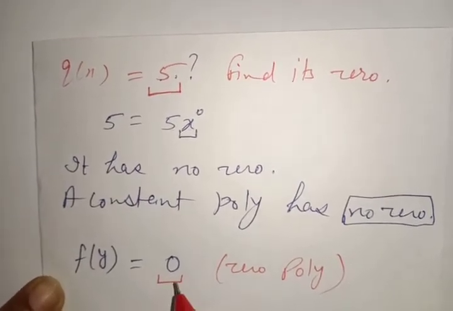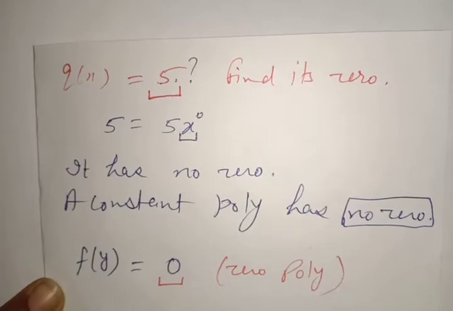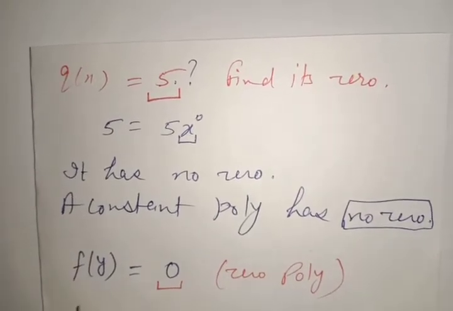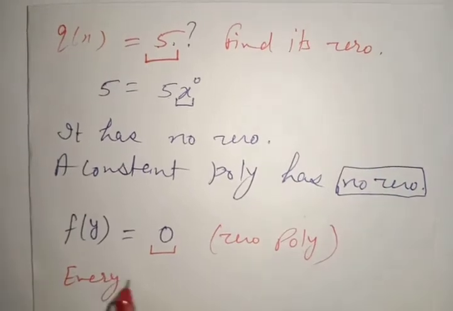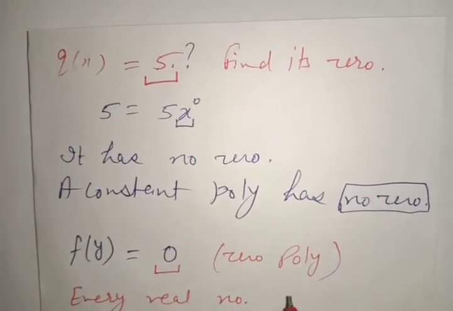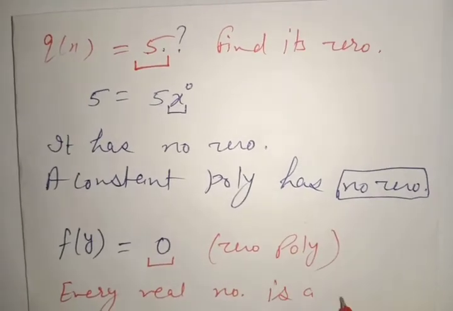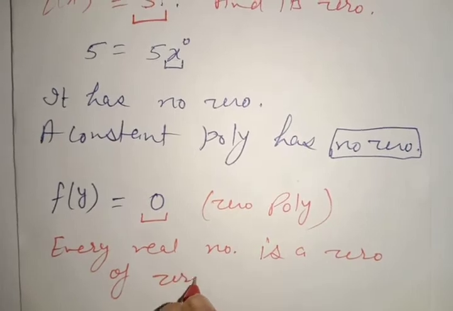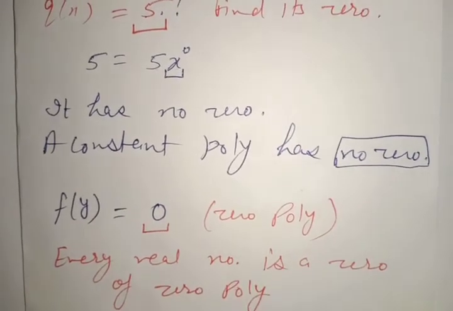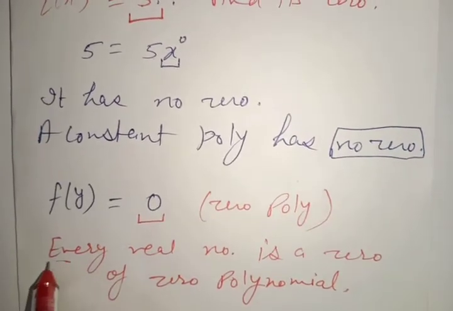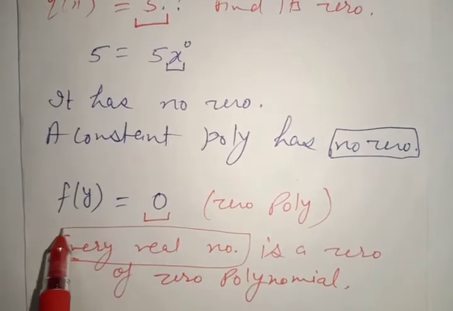Can you tell me which value will make it 0? It is itself 0, so every value will make it 0. So we will write: every real number is a zero of the zero polynomial.